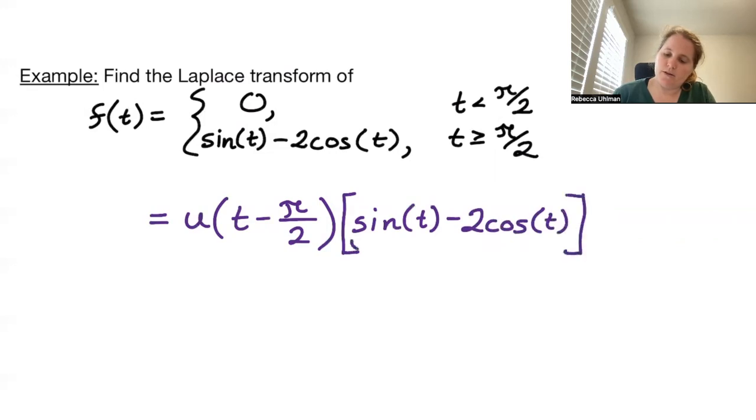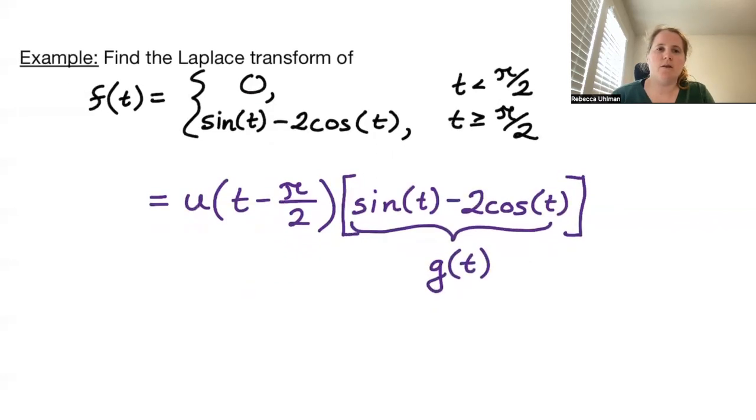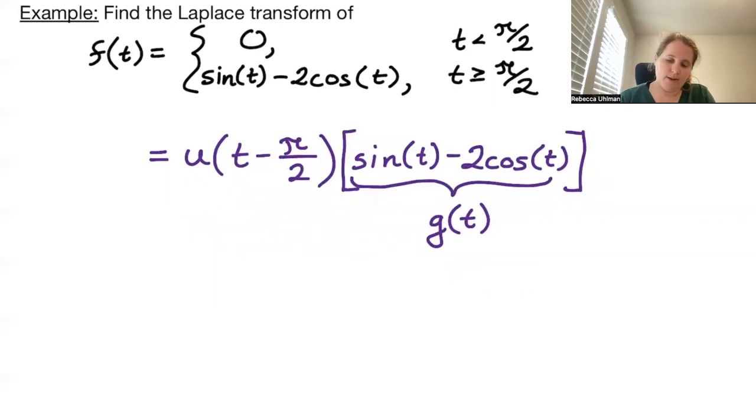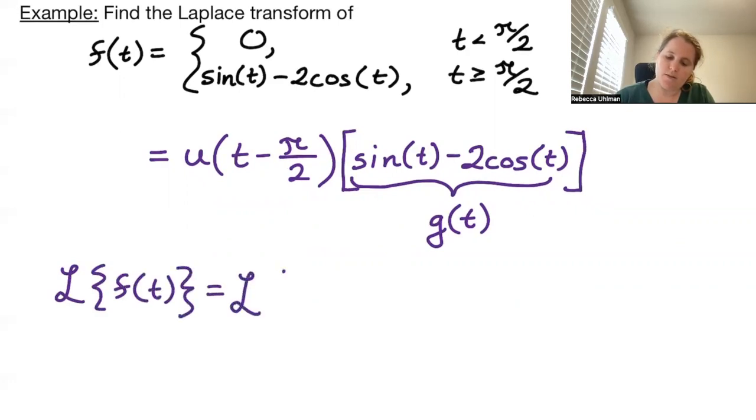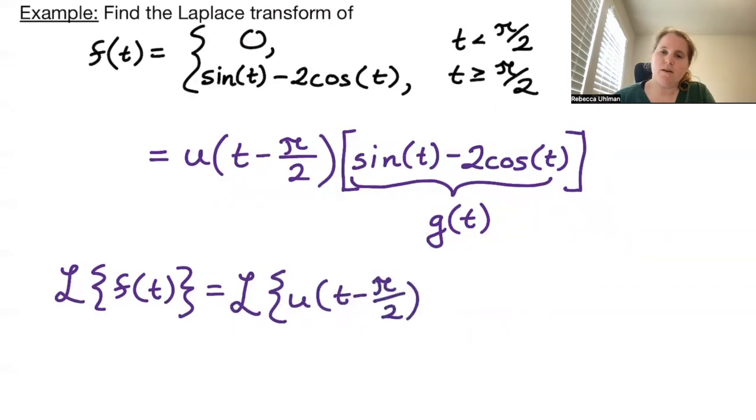So here our g of t is sine of t minus 2 cosine t. So if we want to take the Laplace transform of f, this is the same thing as taking the Laplace transform of that step function, u of t minus pi over 2, times g of t.